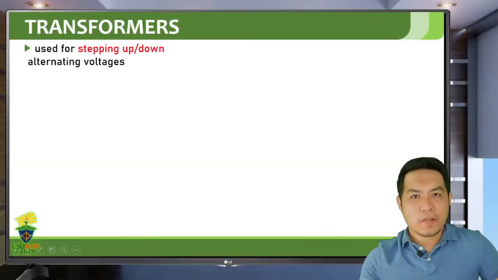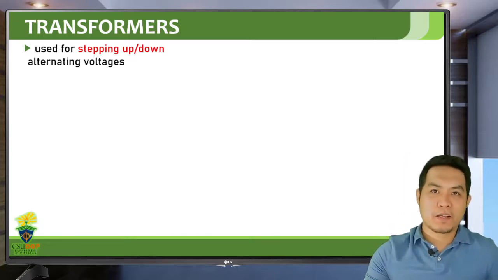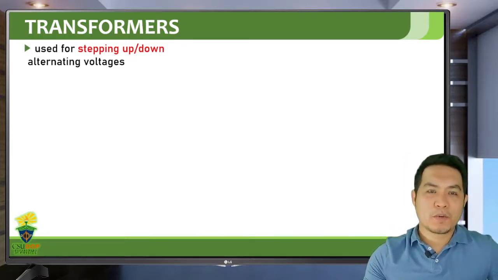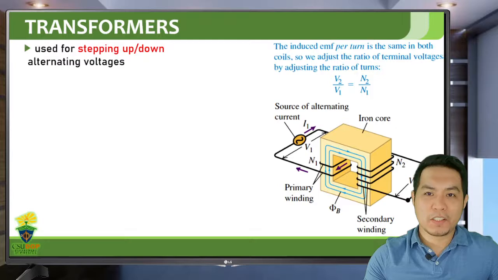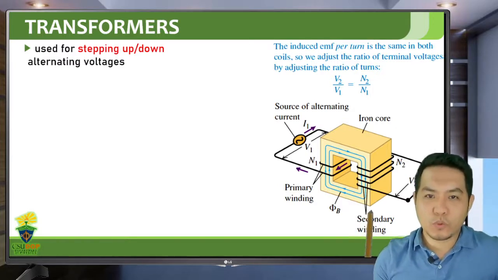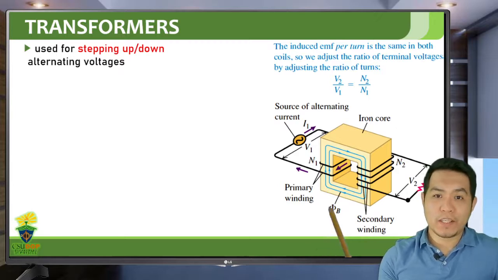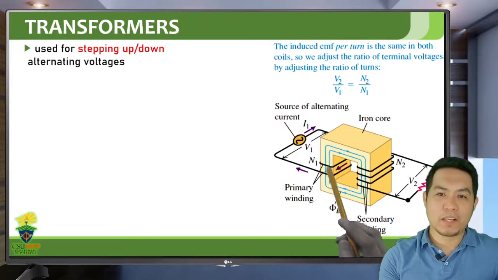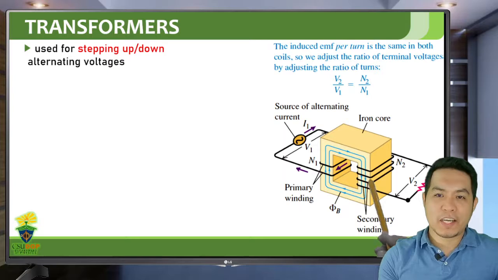So transformers are basically electrical devices used for stepping up or stepping down alternating current or alternating voltages. It's made of two coils or two windings. You have a primary coil or primary winding and a secondary coil or secondary winding.